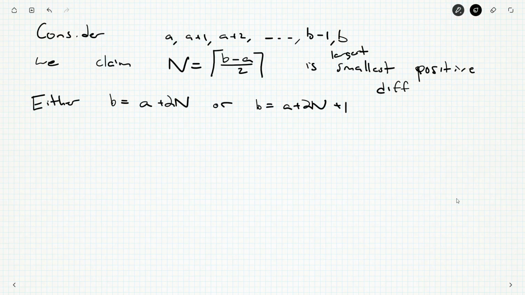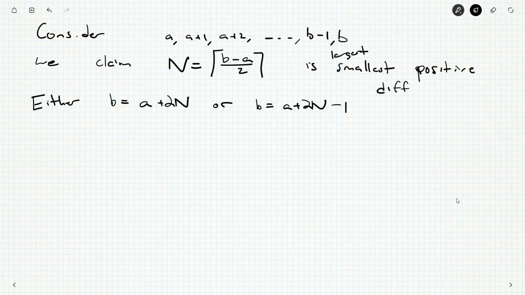Does that track? No. 2n minus 1? Yeah, because of the ceiling function. So either the difference between A and B is even or odd, doesn't matter, we'll cover both of those cases.